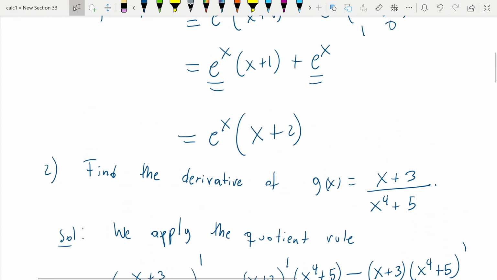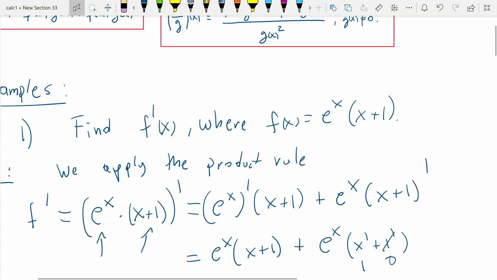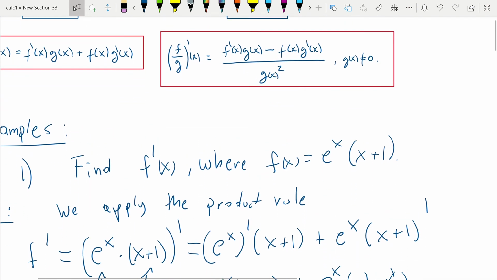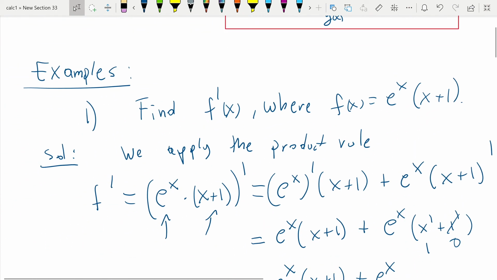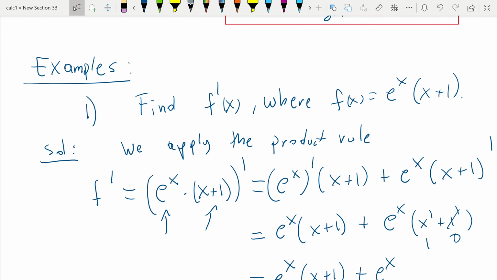On the other hand, we may ask you to, say, find the equation of the tangent line for a product of two functions. So a function is a product of two other functions, and you know the derivative of each one of these functions in this product.